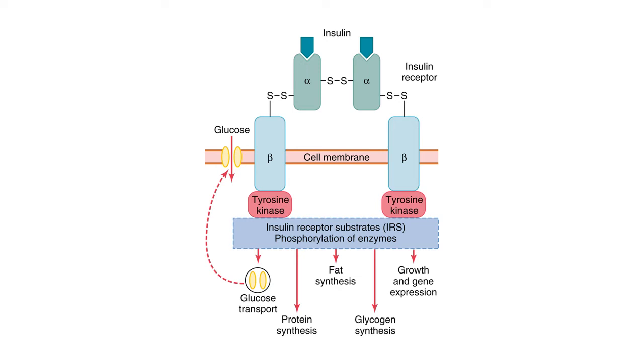These proteins are actually enzymes that facilitate particular steps in metabolism. So for example, if the enzyme that has been phosphorylated is involved in protein synthesis, that will manifest as an increase in the rate and efficiency of protein synthesis. And that is how insulin facilitates protein synthesis.